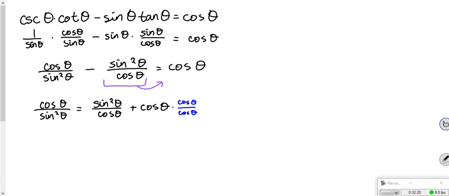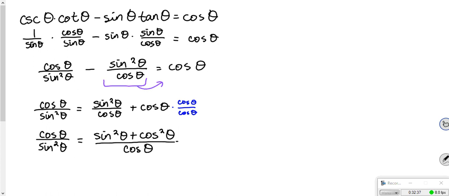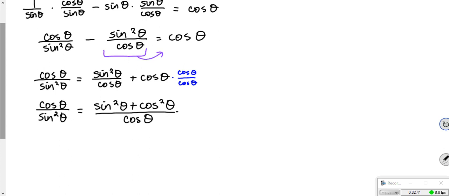So that is going to leave me with cosine theta over sine squared theta equals sine squared theta plus cosine squared theta over cosine theta. Woo! Okay, now sine squared plus cosine squared, what do we notice?